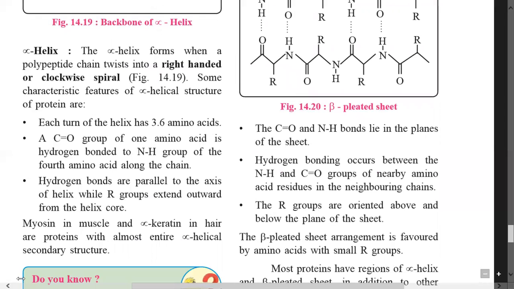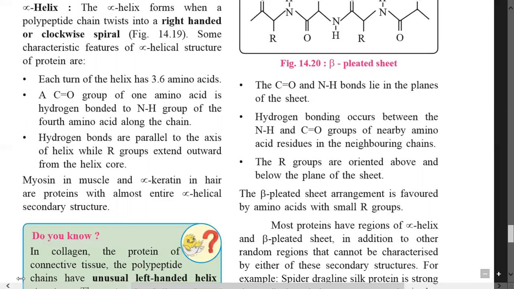Then hydrogen bonds are parallel and R groups extend outward from the helix core. Then myosin in muscle and alpha keratin in hair are proteins with almost entirely alpha helical secondary structure.